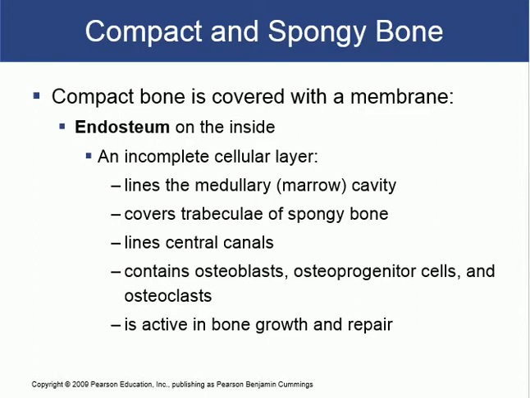The endosteum is an incomplete cellular layer, and inside which is the medullary cavity or the marrow cavity. Within the endosteum, you have osteoblast, osteoprogenitor, and osteoclast, so all three except the osteocytes. Endosteum also does the same thing as the periosteum, bone growth and repair.